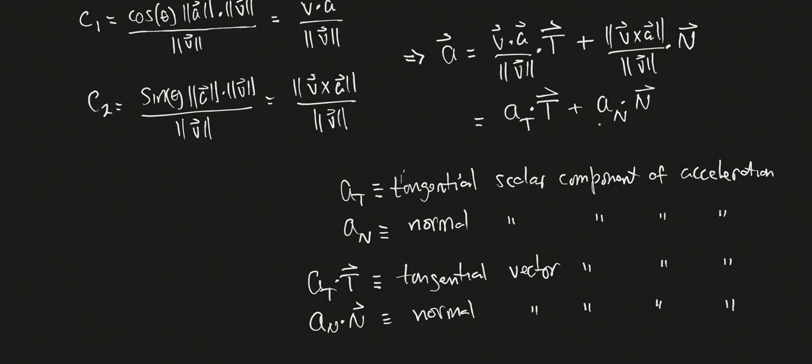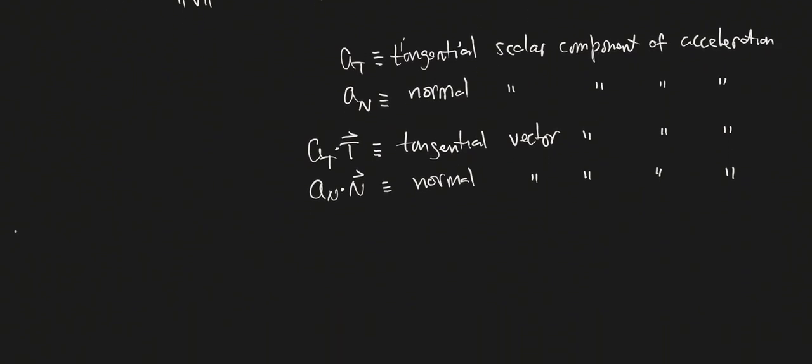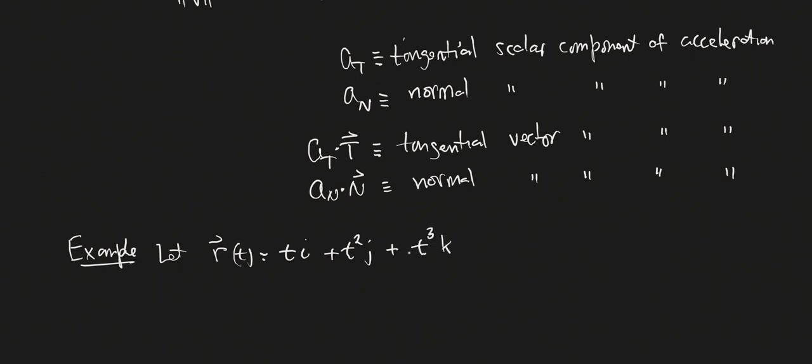All right, so let's do an example to just kind of illustrate this. So let's write example. So let r of t be equal to t i plus t squared j plus t cubed k, right? And we're going to go through and find several expressions.